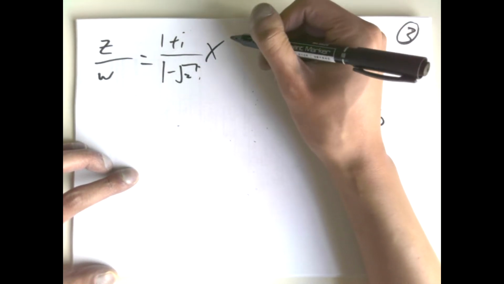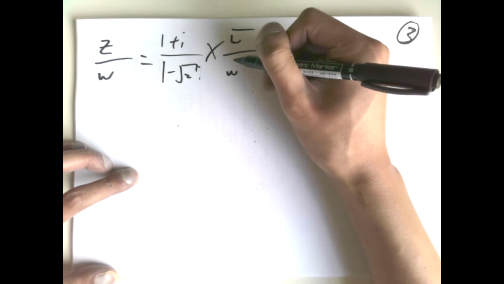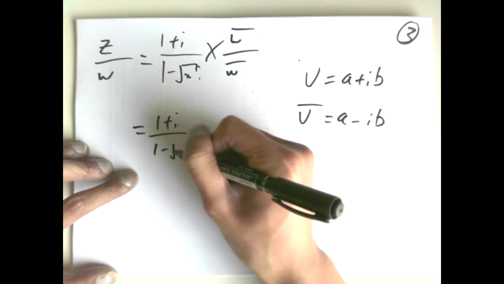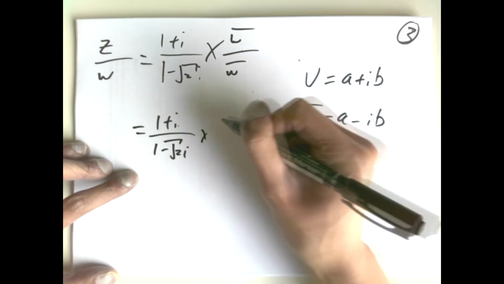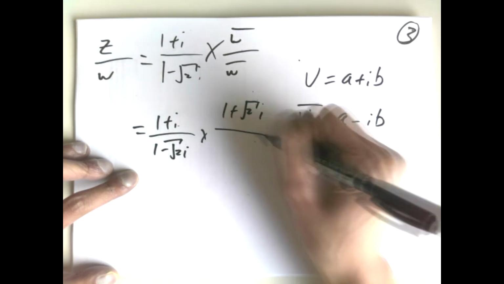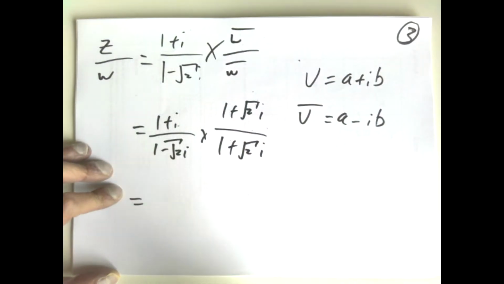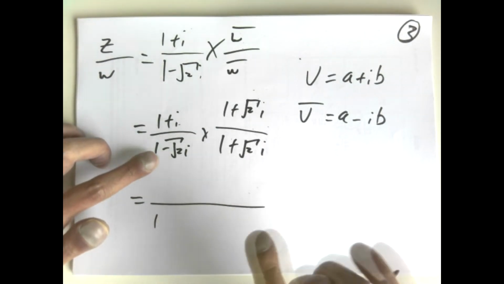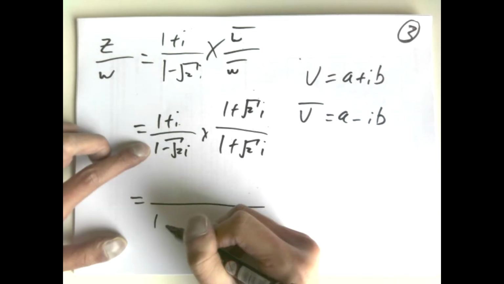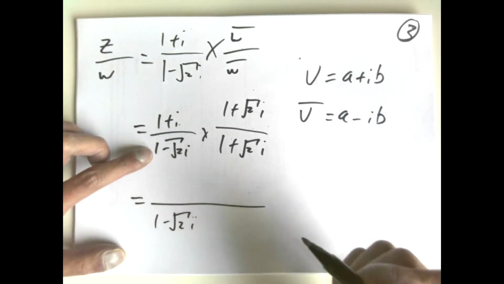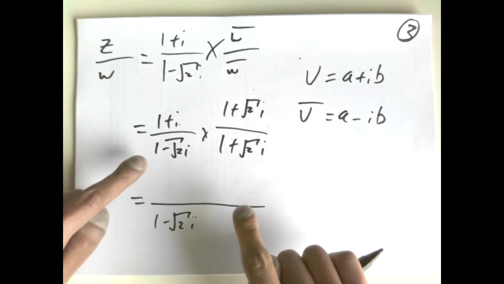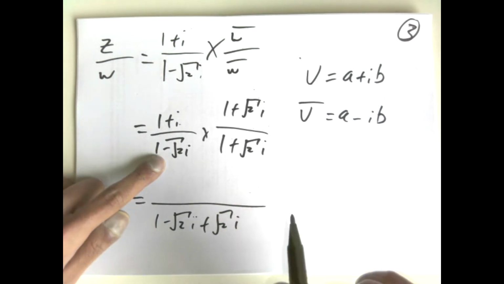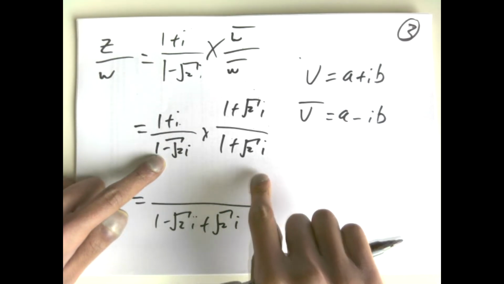So what do we do here for this question? We multiply by w bar on w bar, which is going to be 1 plus i on 1 minus root 2i times, for the denominator, 1 times 1, minus root 2i times 1, minus root 1 times root 2i, minus root 2i times positive root 2i.